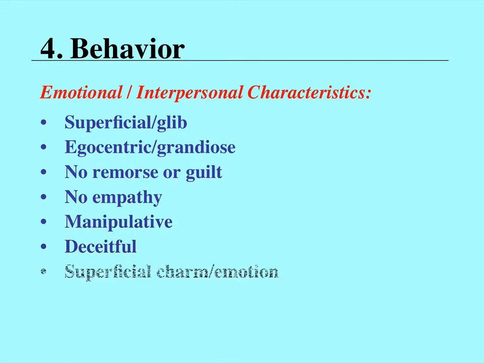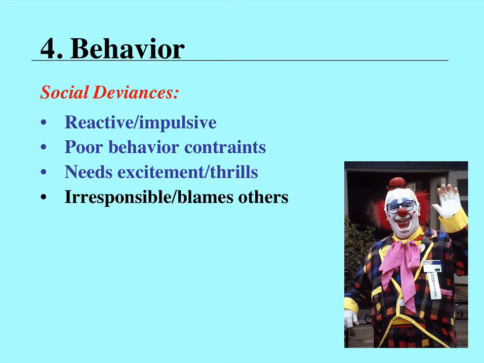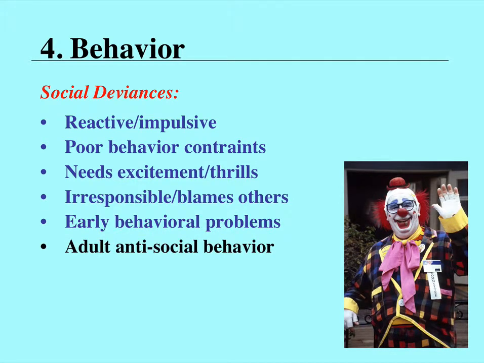When you think about the criminals that commit most of these crimes and their psychopathic personality types, we see these kinds of personality characteristics. They're glib, they have no remorse, they have no empathy. Again, you'll study these in detail. They're reactive and impulsive. They are irresponsible.